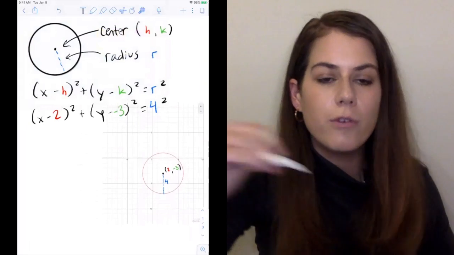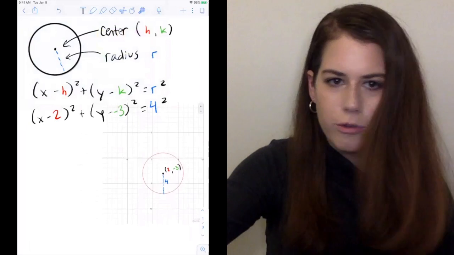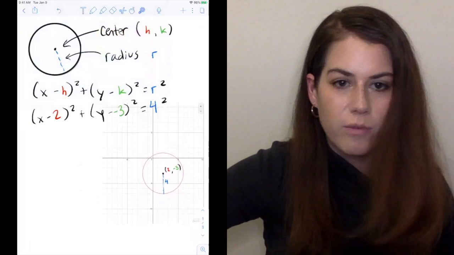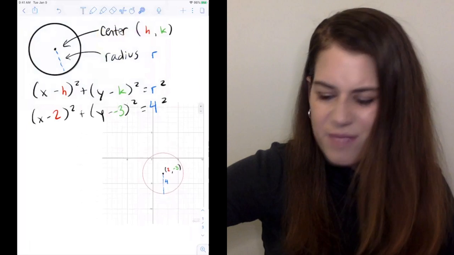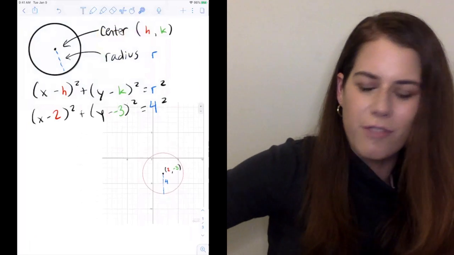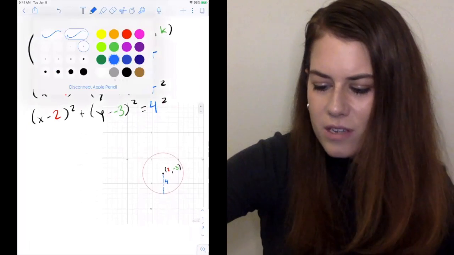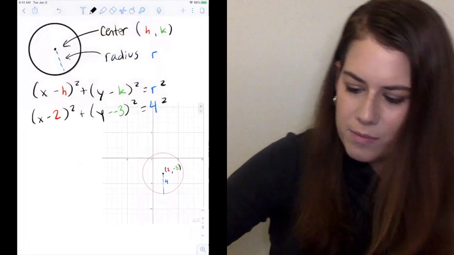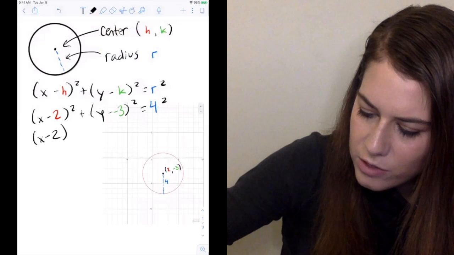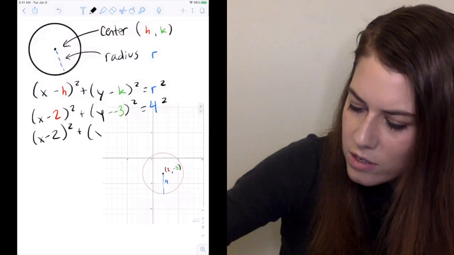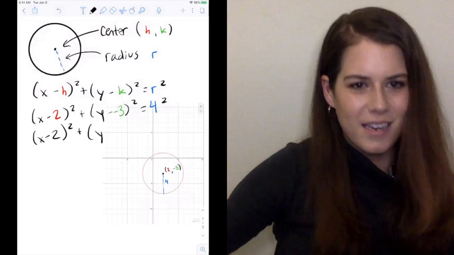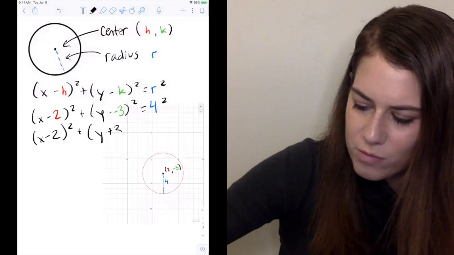If you were to type that into Desmos or into a graphing calculator, you would get the right circle. But we have a minus a negative. We don't love that. And I know what 4 squared is. So let's rewrite this, but a little more simplified. (x - 2)² + (y - -3)², well, that's just the same as (y + 3)².